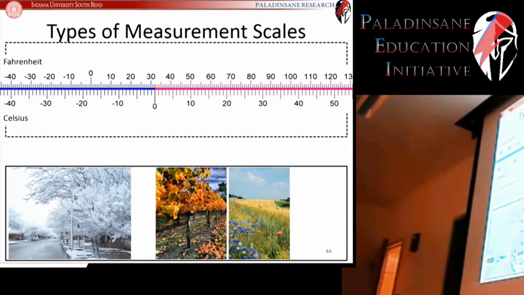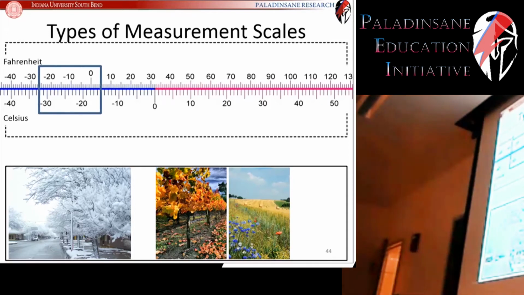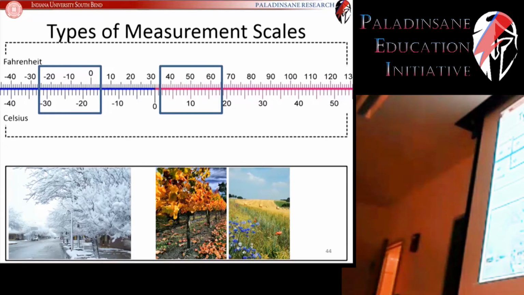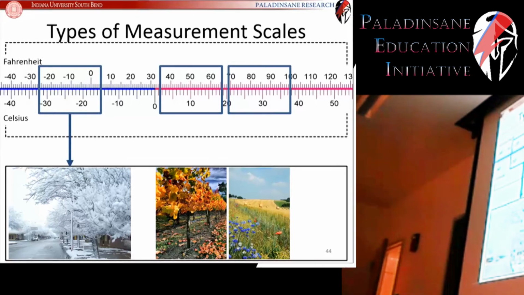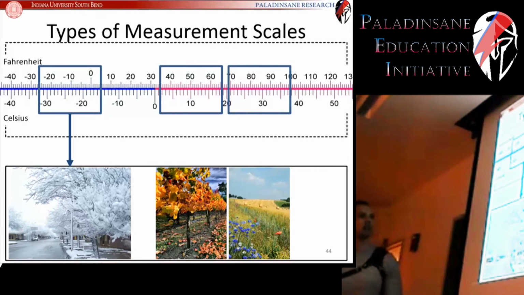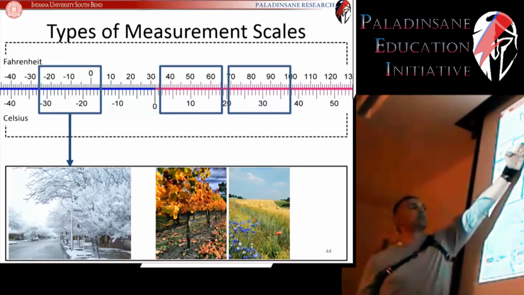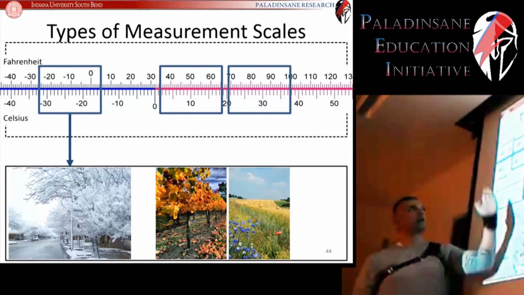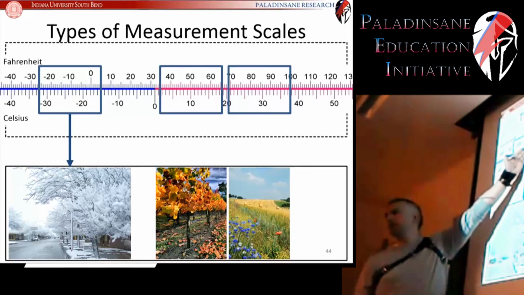And you can measure that winter day, and you can measure that autumn day, and you can measure that spring day. And notice that that winter day, which is about minus 10 degrees Fahrenheit, is here in the true score, and it's here on the measurement scale.